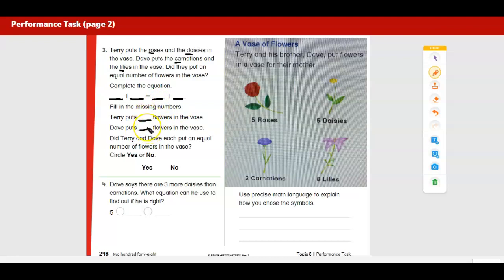If both of these numbers are the same, then yes, they put an equal number of flowers. And if these numbers are different, then no, they did not put an equal amount of flowers. So you have to finish filling in the blanks in this equation to find yes or no.